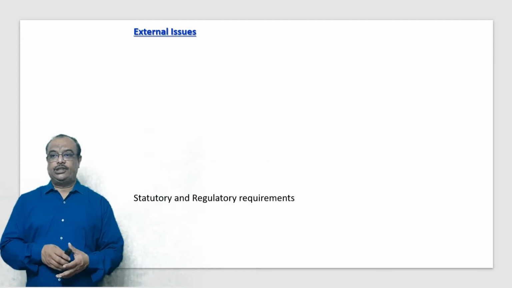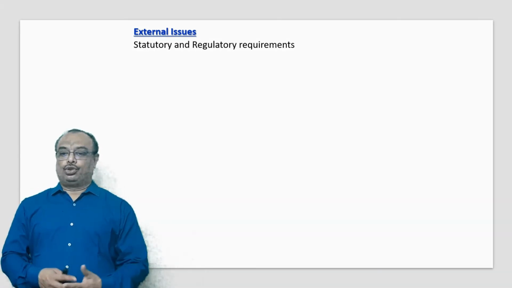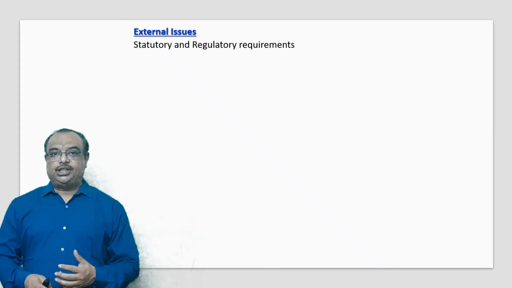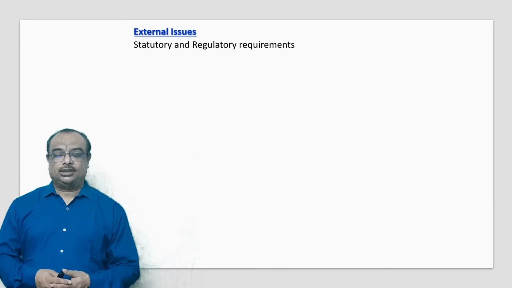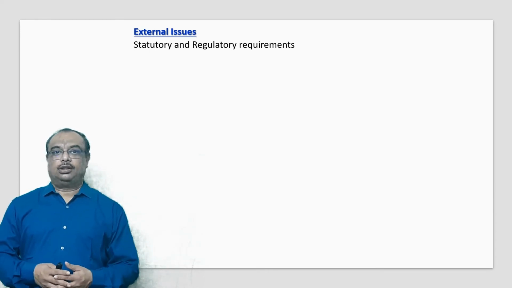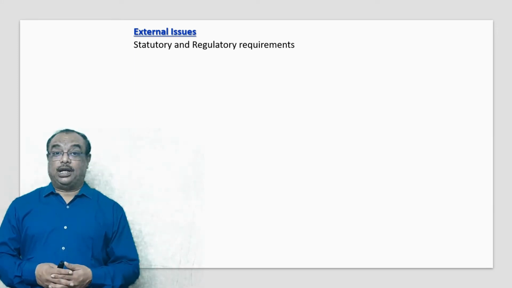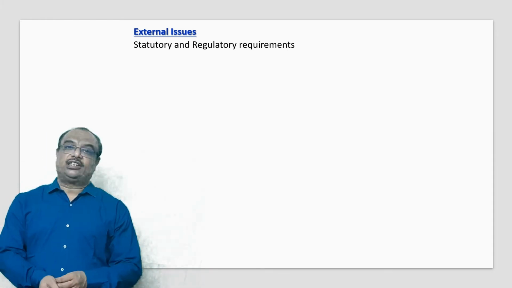Then if you see, the external issues could be statutory and regulatory requirements. Each and every state has its own statutory and regulatory requirements. If our organization does not respect or does not meet those statutory and regulatory requirements, this could be an issue for the organization. The next is related to sector specific.